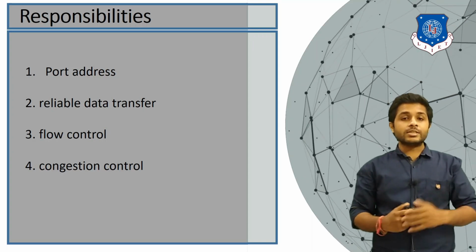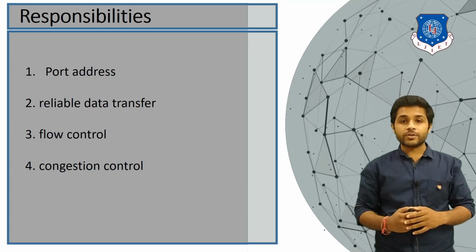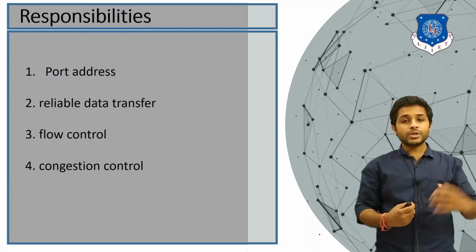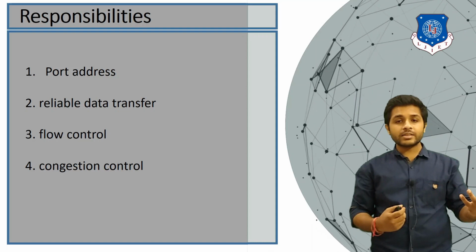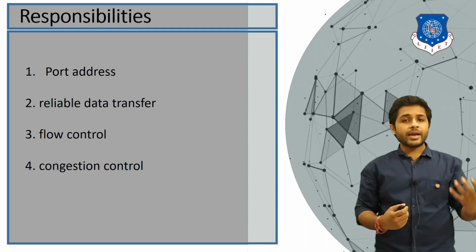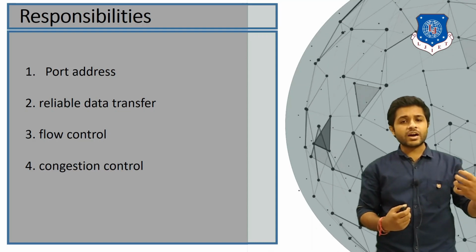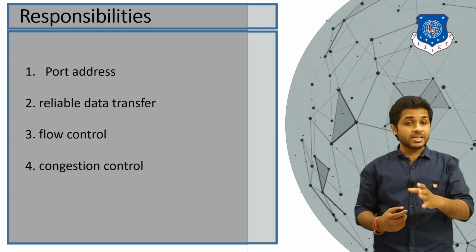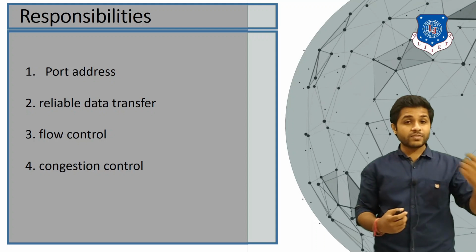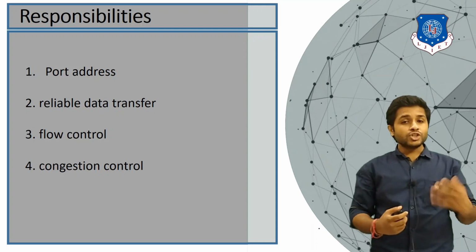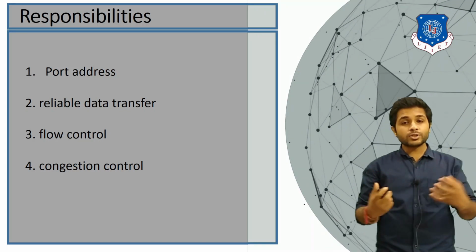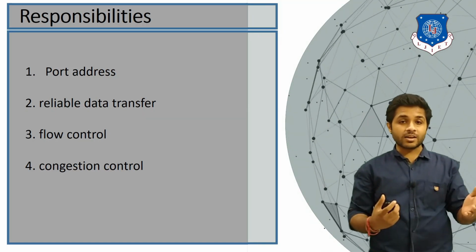Then the next responsibility is flow control. Now what is flow control? Suppose two devices are connected to each other via a link, and one sender is sending data at a very high rate, but the receiver is not able to receive data at the rate the sender is sending. In that case, the receiver will receive some data and most of the data will be lost in the link.